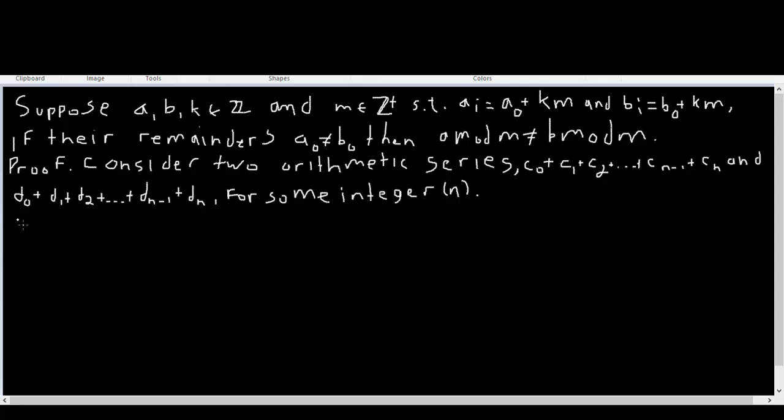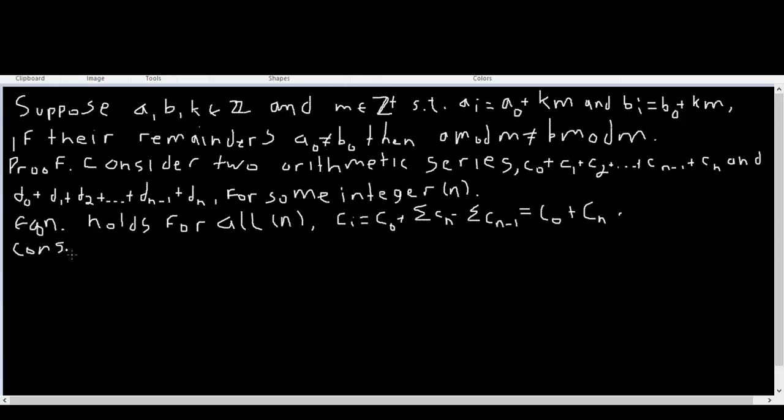Just consider two arithmetic series, C sub 0 plus C sub 1 plus C sub 2 up to C sub n minus 1 plus C sub n, and a similar series just named D for some integer n.